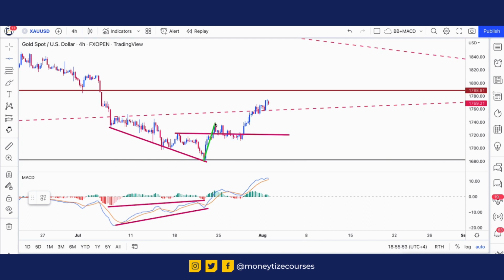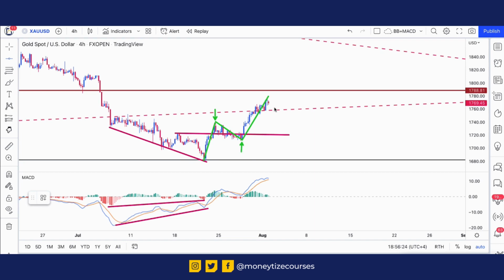A push higher which broke this level, made a new high, a pullback, and now it's going up. So it has created its first high, which was higher than this high. So it's a higher high, first high. It has created its first low, which is a higher low.